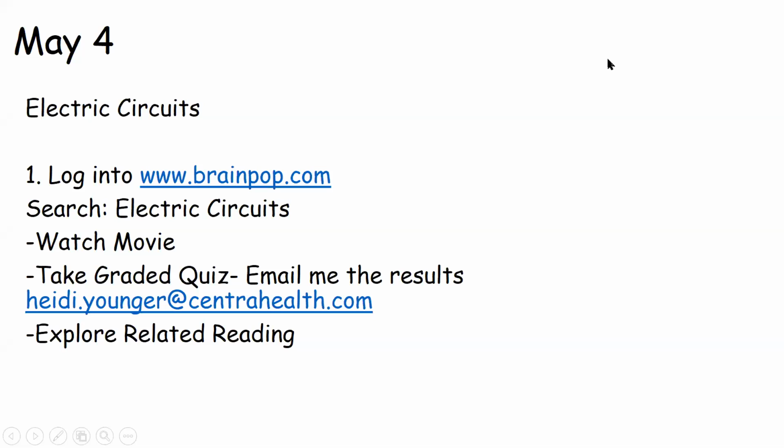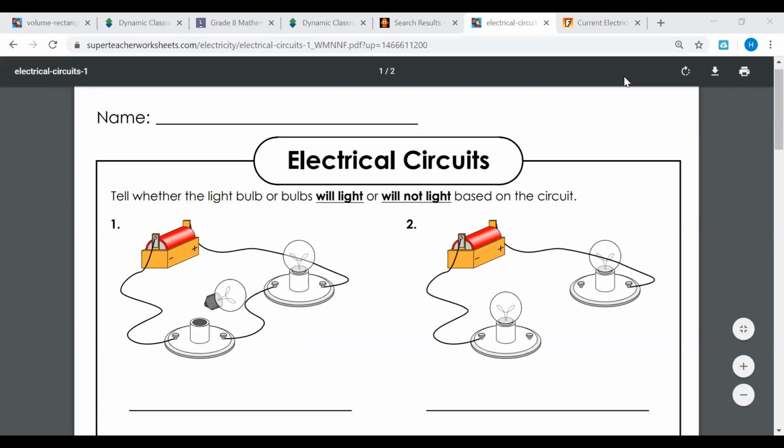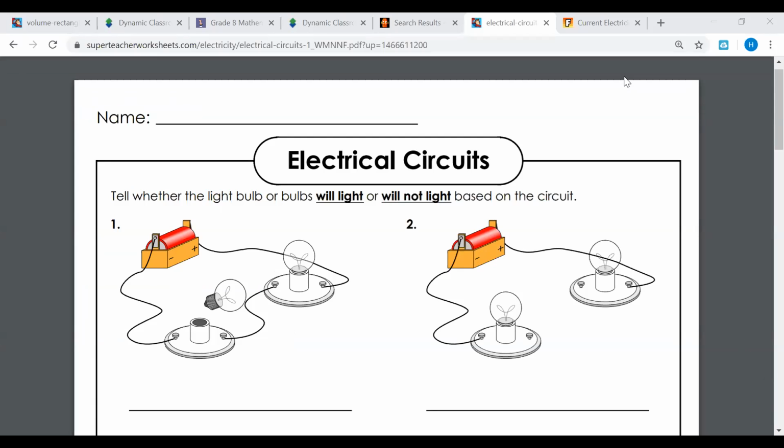After watching today's pre-recorded Zoom, I'm going to ask you to log into brainpop.com and search electric circuits. Watch the movie, take the graded quiz, and then email me the results. And also you might want to explore the related reading. Tomorrow, your assignment will be to complete electrical circuits, this worksheet right here.